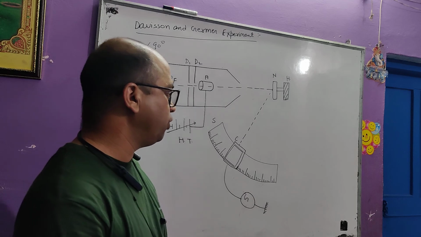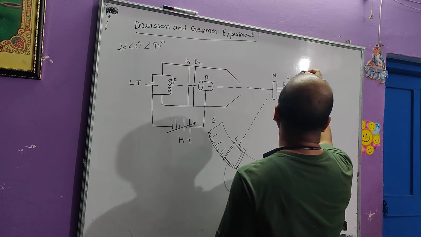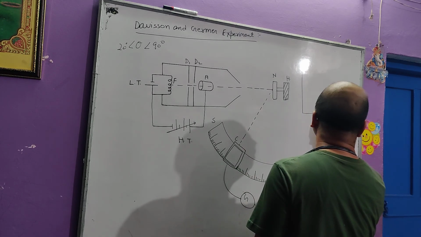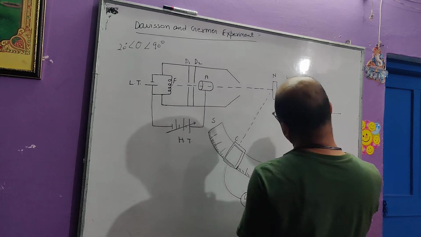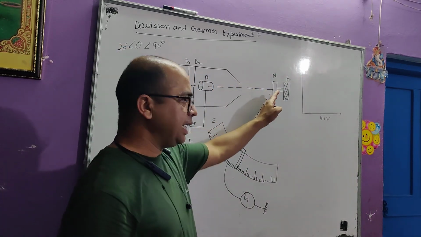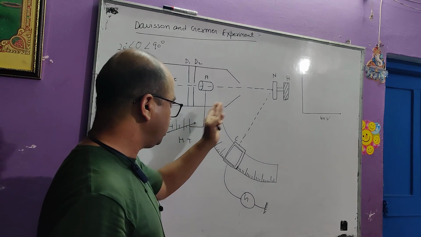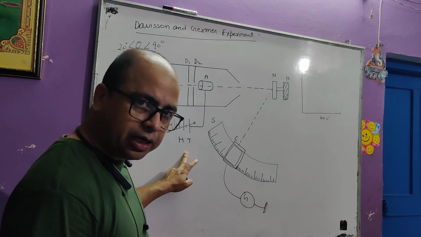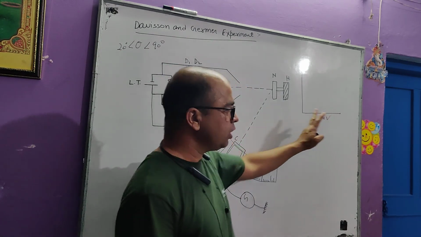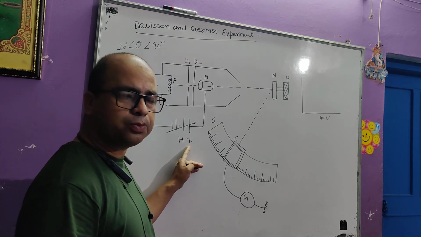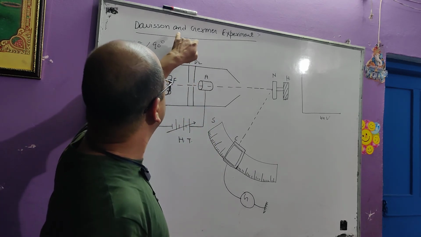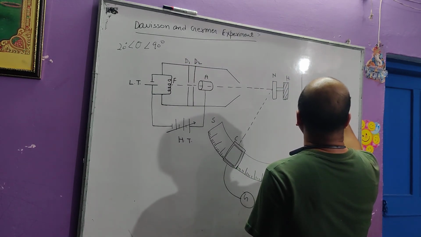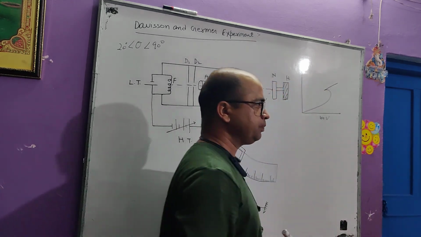It was 44 volt. Up to 44 volt, the intensity of the electron beam increases linearly with the potential. But when the potential of the high tension battery becomes 44 volt, Davisson and Germer saw that a bump appears at 44 volt.